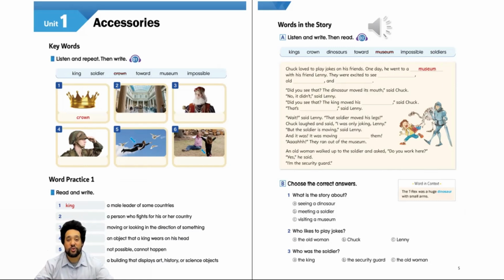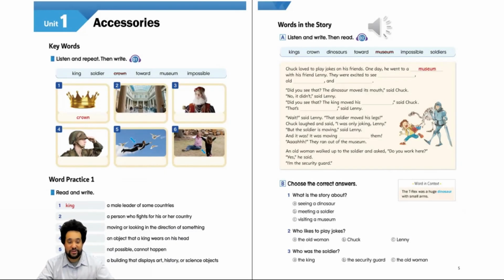That's right, it's a crown. So write crown if it's not there. I would like you to do that for pictures 2 through 6 now. When you're done, change books with your partner and check your answers together.